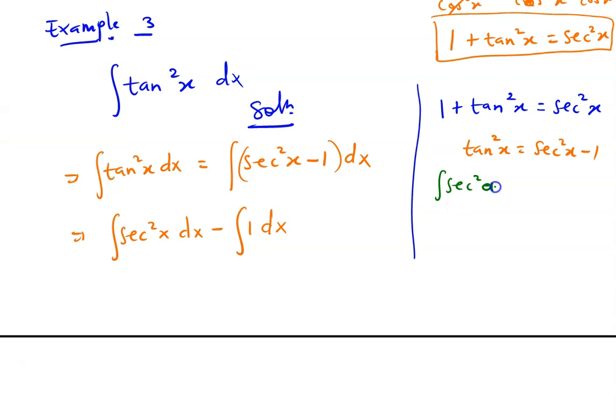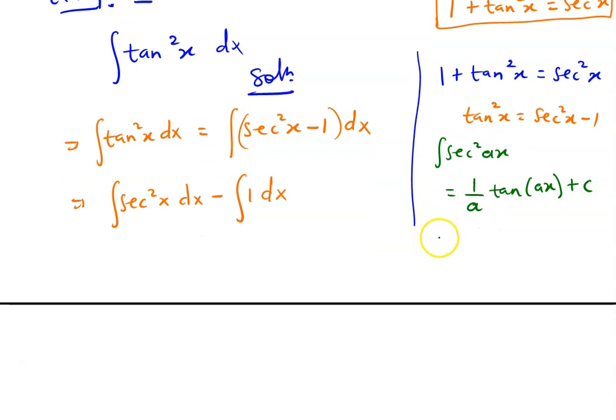We made it clear that if I integrate this, I'm going to get 1 on a tan ax plus c. Yes, that is the rule that we set.